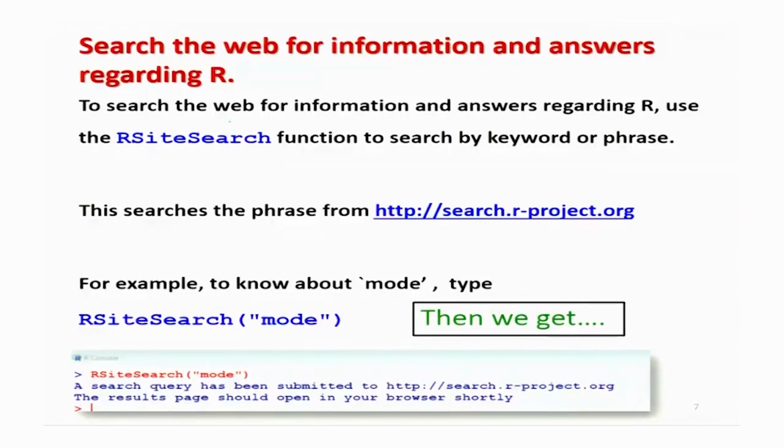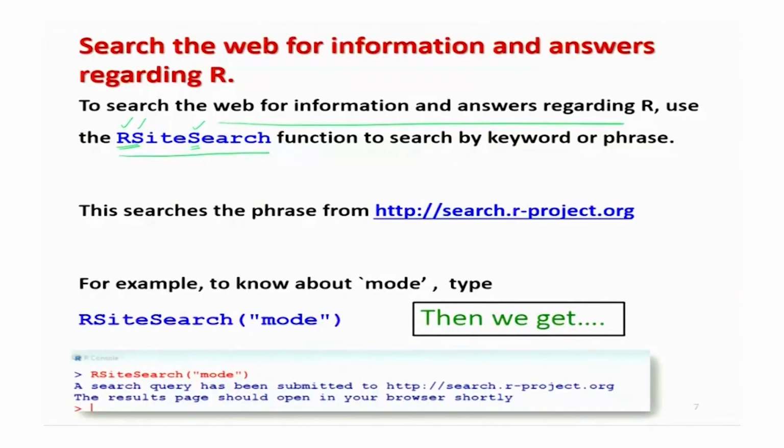In order to search the web for information and get answers regarding R, we can use the command RSiteSearch. You have to be very careful when you read this command. Here the R and the S are in capital letters, and the S of Search is also in capital letter, and all other letters are in lower case.